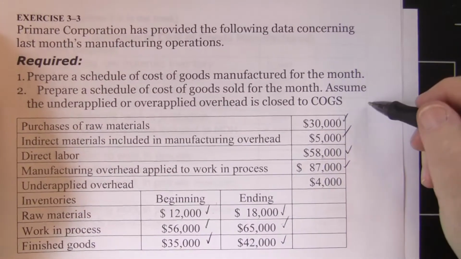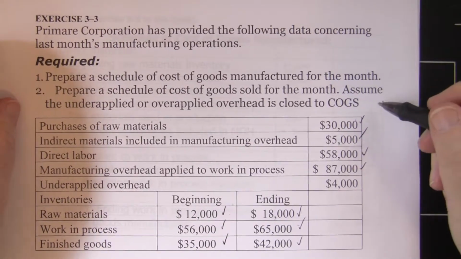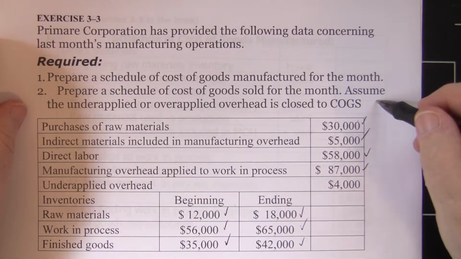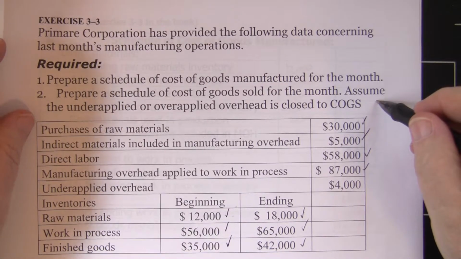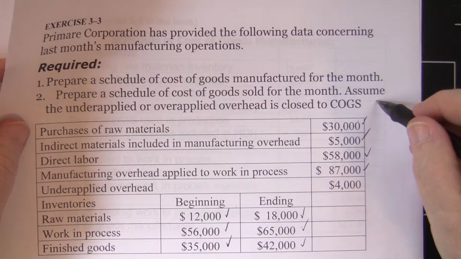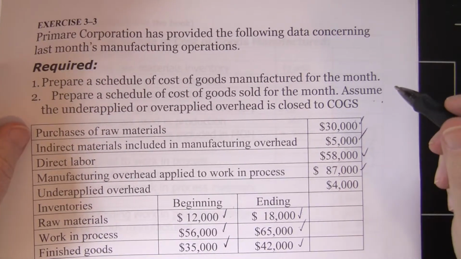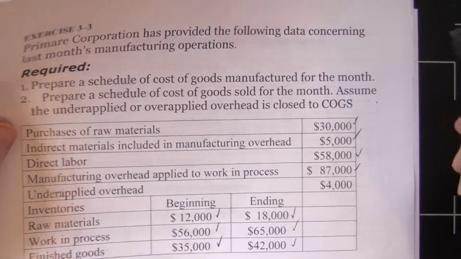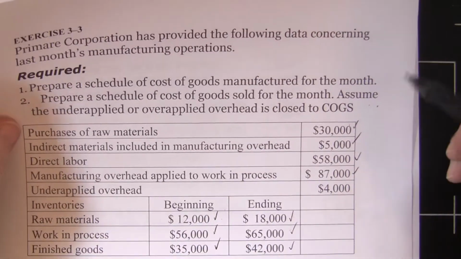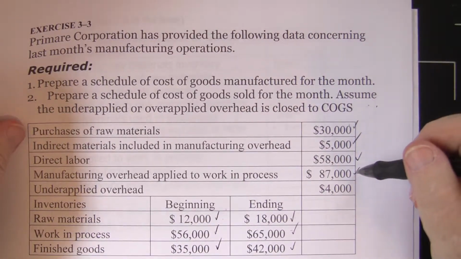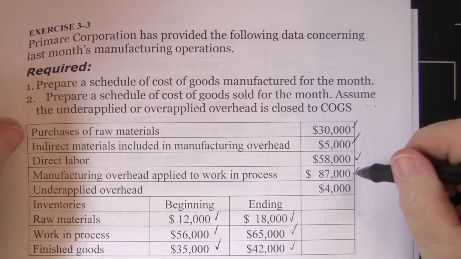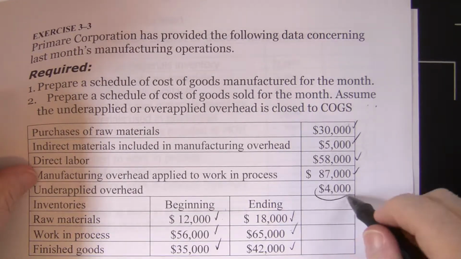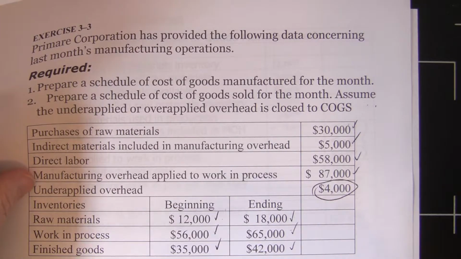Now they tell us that any underapplied or overapplied overhead is closed to cost of goods sold at the end of each month. So, how much overhead did we use altogether? Manufacturing overhead applied was 87,000, and they tell us that the underapplied overhead was 4,000.